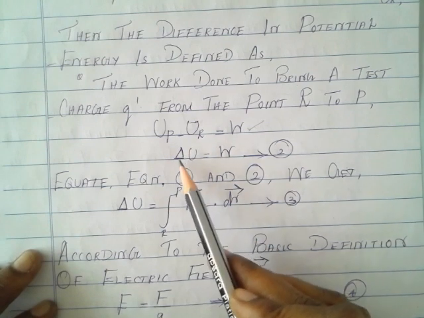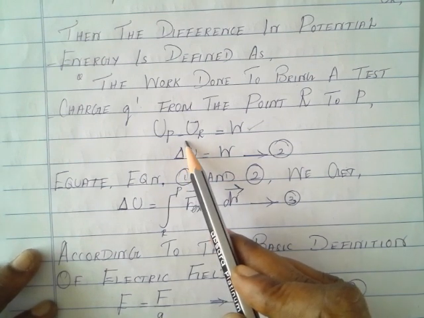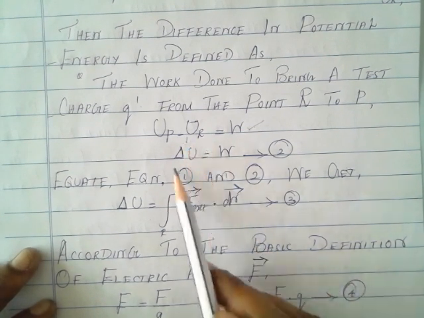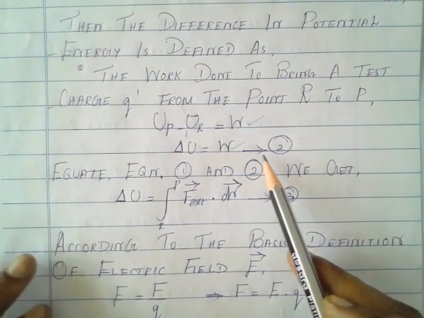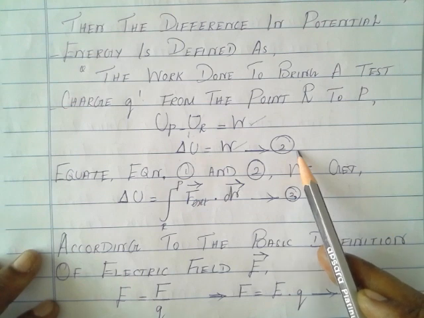That means the difference of electrostatic potential energy, represented as del U, is equal to work done W. This is equation number 2.